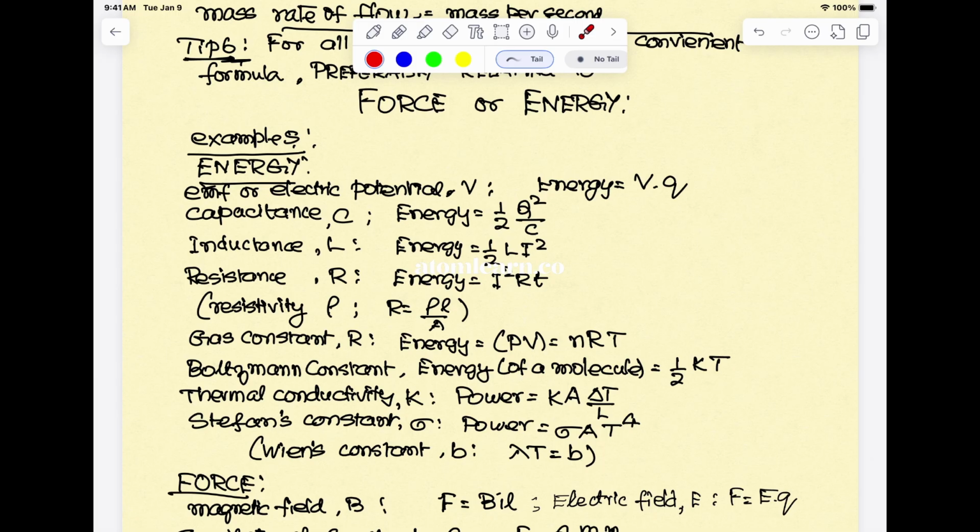And then Q squared is nothing but charge squared, which is current into time, so the numerator is current squared into time squared. Now you want to know capacitance, and therefore you can easily derive capacitance on the spot in hardly around 10 or 15 seconds.